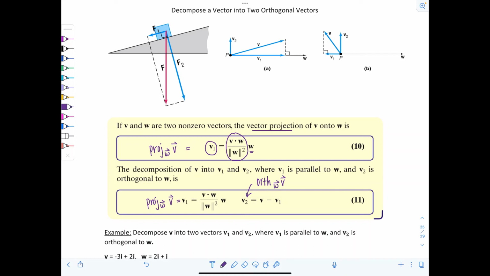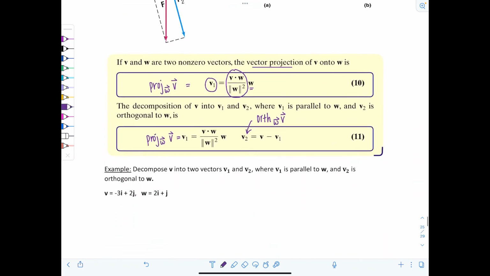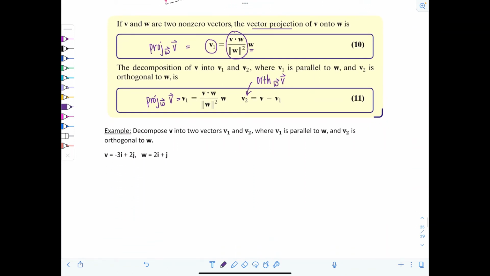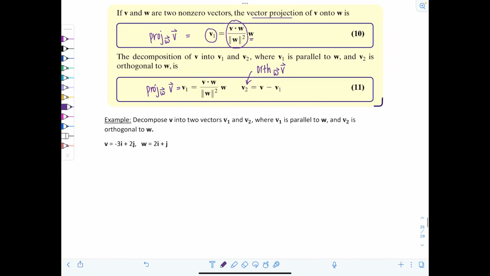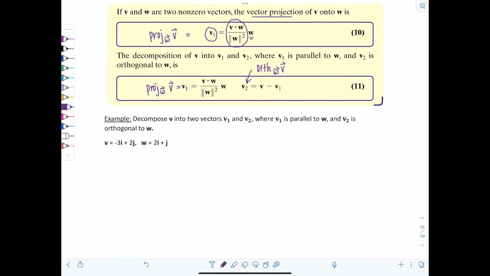Okay? Good. So let's decompose vector V into two vectors, V1 and V2, where V1 is parallel to W and V2 is orthogonal to W. All right, don't be scared. Here we go. Let's just rewrite the vectors without the i's and j's because I feel like things are wild enough as is.